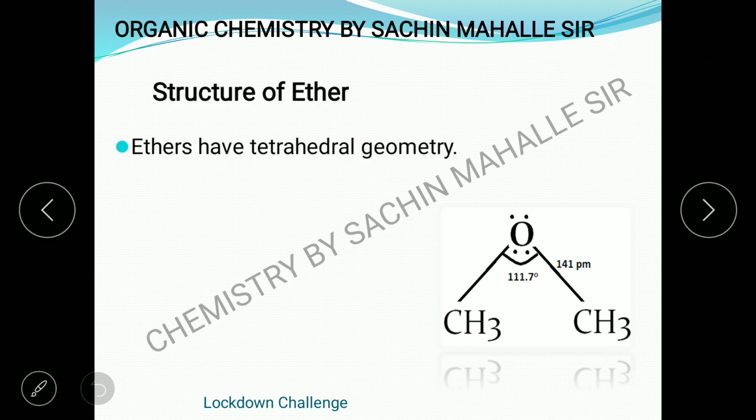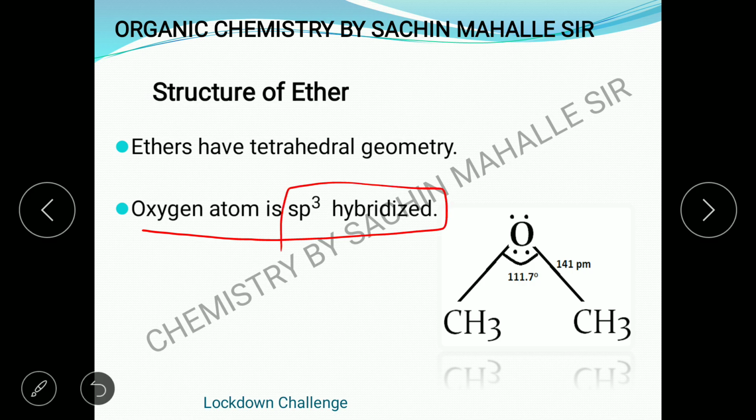The bond angle between carbon and oxygen is 111.7 degree. This is because of the lone pairs and the bulky carbon groups attached to the oxygen atom. The bond length between oxygen and carbon atom is 141 picometer. Oxygen atom has sp3 hybridization.